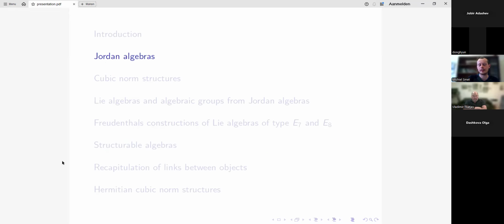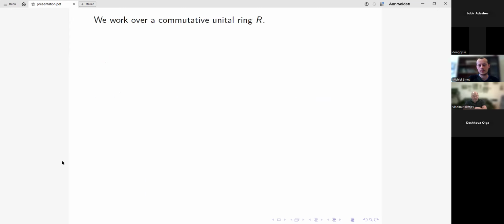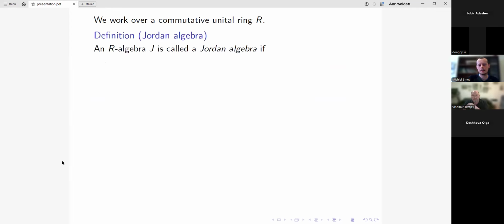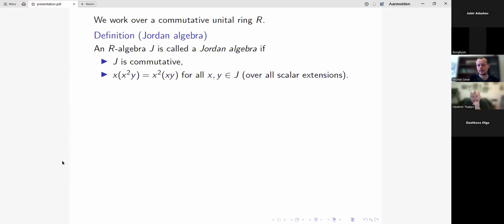So first, I probably should introduce Jordan algebras. Most of this talk will be over a commutative unital ring R. That's our base ring. A Jordan algebra over our ring R is precisely an algebra such that the product is commutative and a certain identity, as you can see on the slide, holds over all scalar extensions.